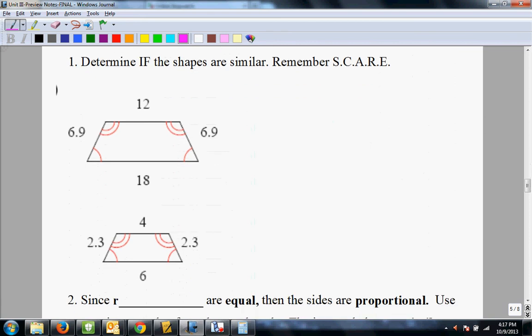Now we're going to do some examples together. So in number 1, we're going to determine if the shapes are similar. Remember SCARE. So similarity means CA, congruent angles. And then we have RE, which is ratios are equal.